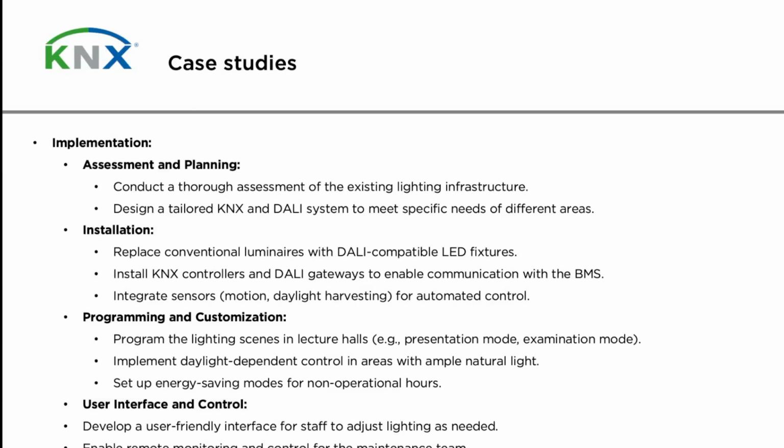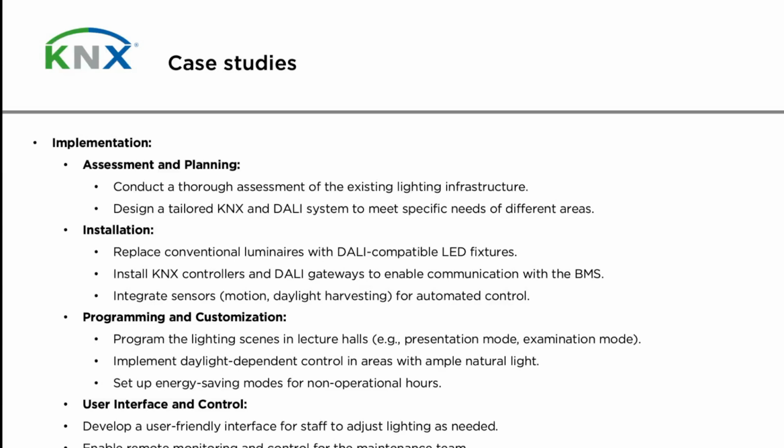If the lighting fixture is $100, you don't need to pay on top of that for the ECG, the replacement, and so on. You directly ask for the lighting fixture to be DALI compatible. So you will be saving time and money. This is the best way to do it.